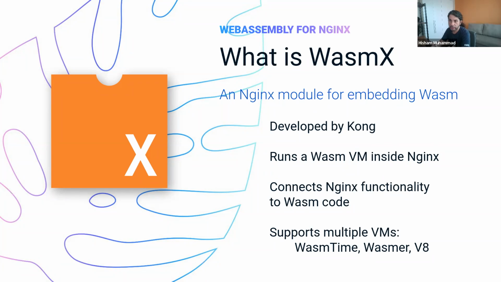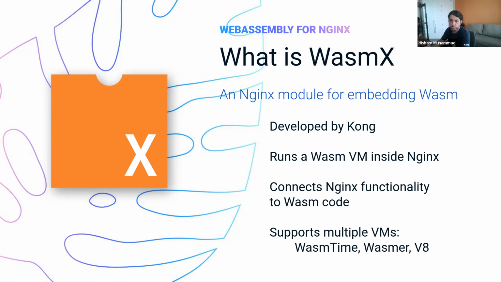We have done the integration work for supporting different VMs. So at compilation time, we can choose which VM will run in there. Currently we support Wasmtime, Wasmer, and V8, which is the virtual machine used in Google Chrome.